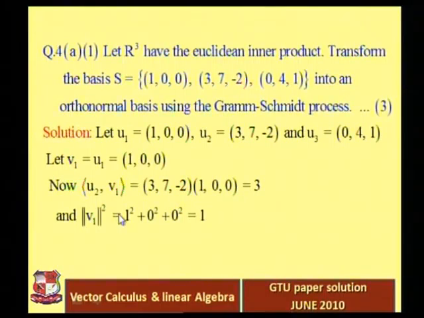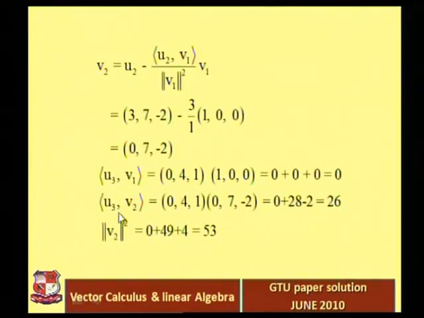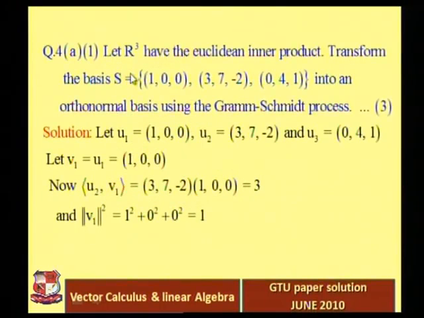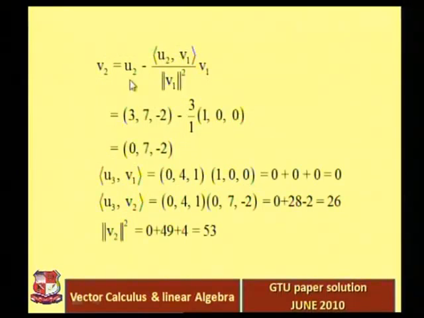See, here is the formula to find v2. v2 is equal to u2 minus inner product u2 v1 upon norm v1 square into v1. So what is our u2? u2 is 3 7 minus 2, so put this value here.